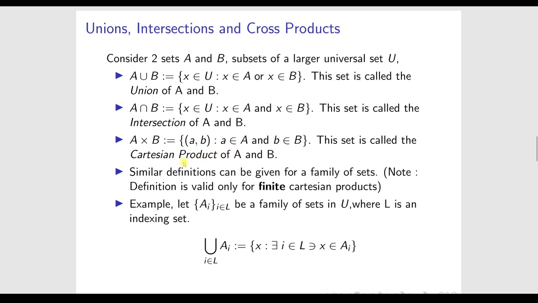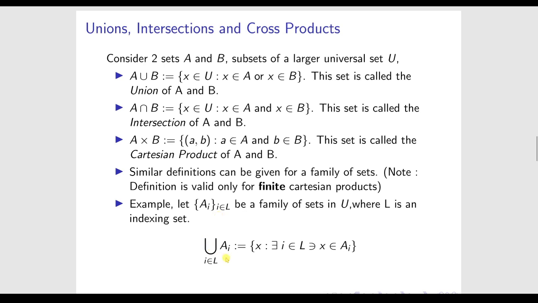Now, similar definitions can be given for a family of subsets. Like A union B, it can be defined for an arbitrary number of sets. However, the definition for Cartesian product is valid only for finite Cartesian products. Take an example: let A_i be a collection of sets, a family of sets in U, i belonging to L, where L is an indexing set.